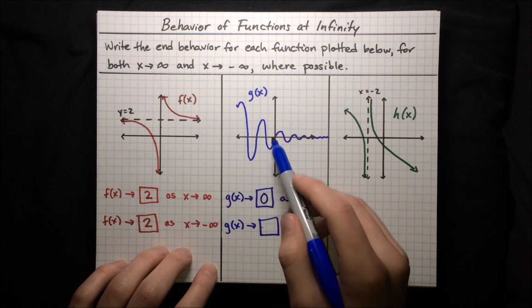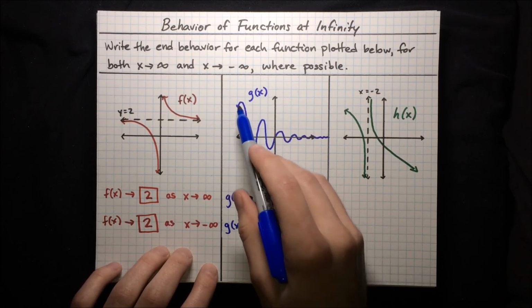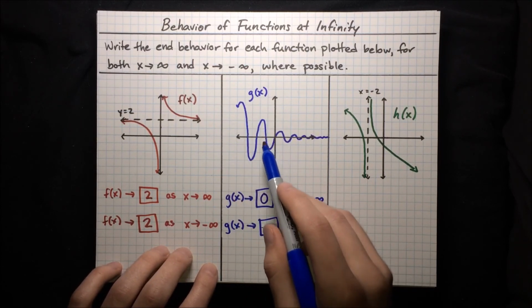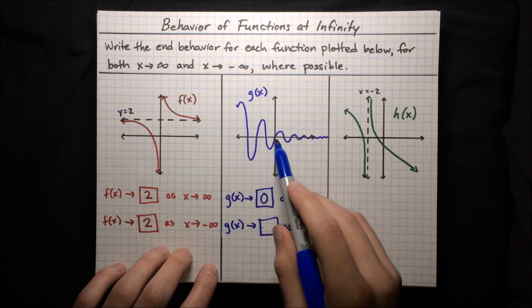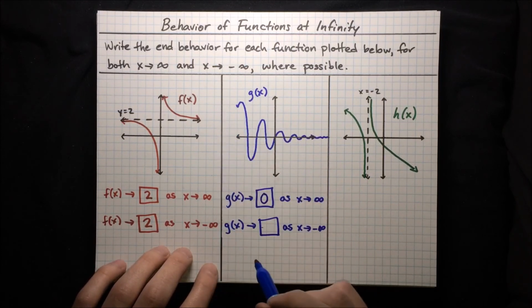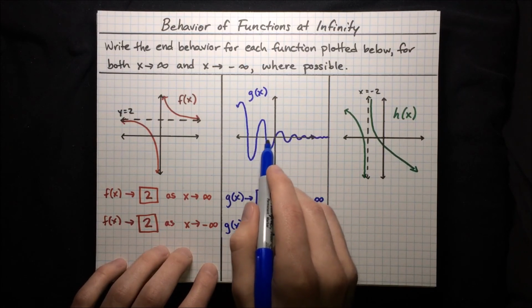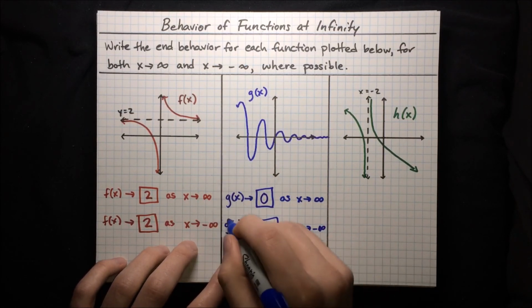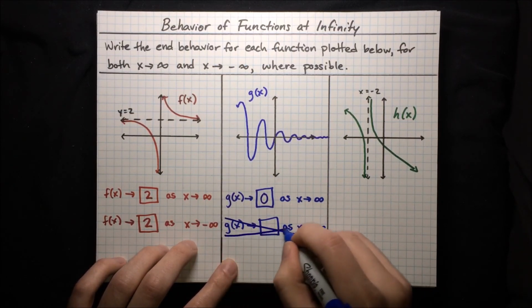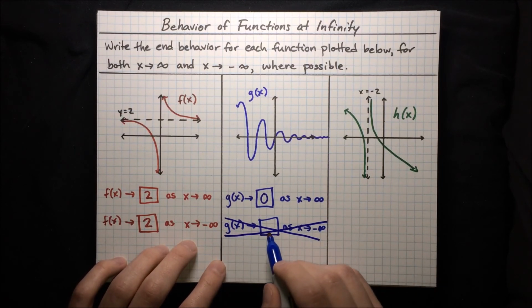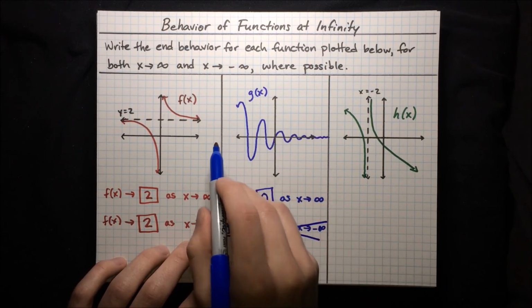We can't say for sure it's going to negative infinity because it's also blowing up in the positive direction. It's not going to any one spot in particular. The range just keeps getting bigger and bigger, so it really doesn't have any end behavior as we go to the left. So we can't write any good statement for that. It doesn't go to any particular value as x goes to negative infinity.